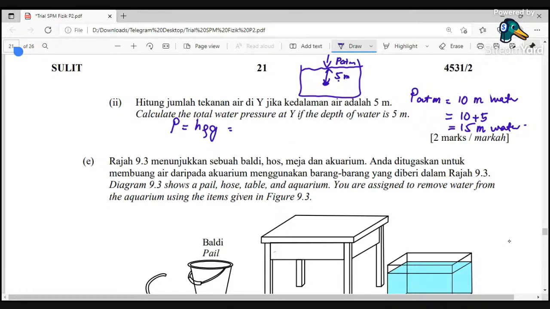So you substitute here H equals 15, density of water 1000, G 9.81.